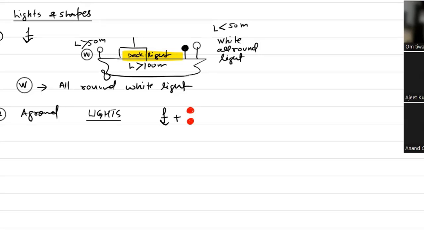Whatever you are having, anchor light plus 2 all-round red lights. The shapes are different. Instead of having this anchor ball, we will be having 3 black balls. 3 black balls. That's it.